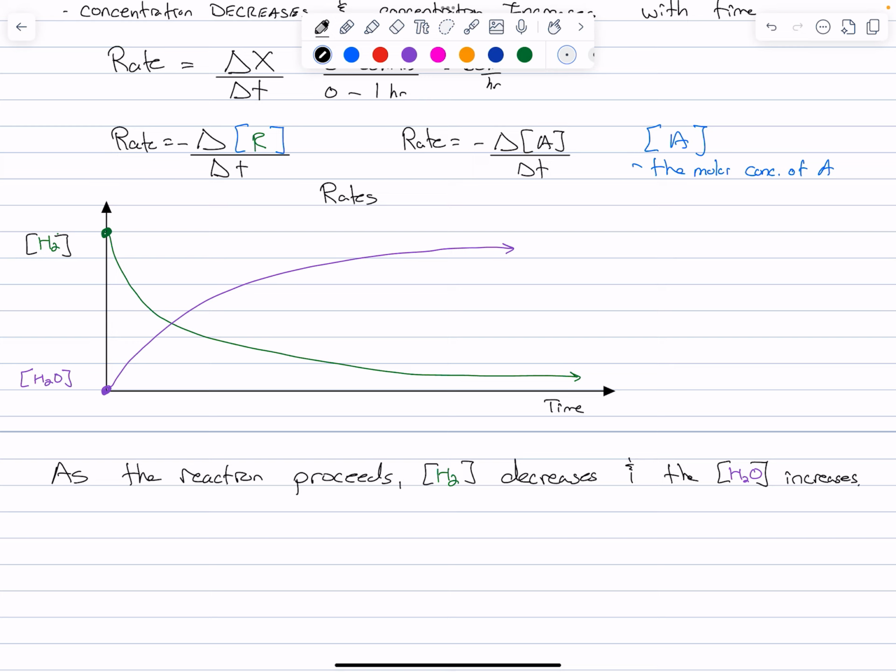Now, what else was here? We had O2 as well. And so O2 is going to have a different graph.